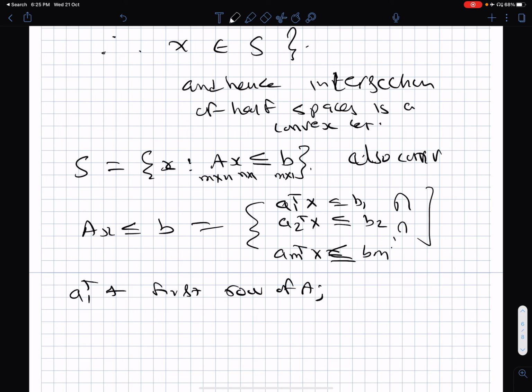Then this intersection is also convex, because it is with less than or equal to, incidentally this is also a closed set.